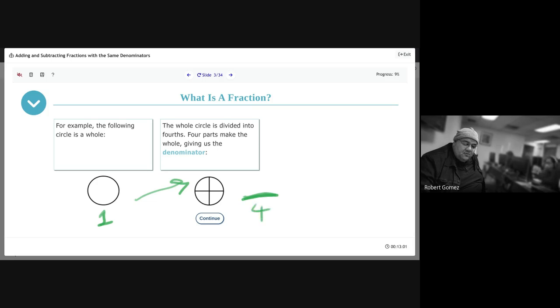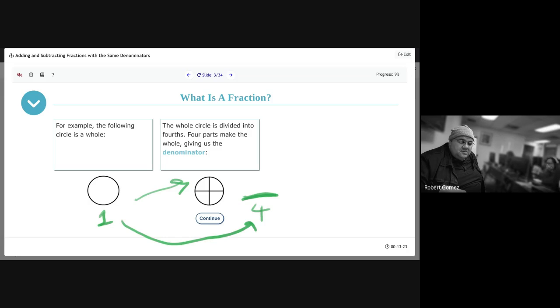And there are 4 possible spaces, but they're all filled right now. I mean, they're all present and accounted for, okay? It's just that now this has become 4 parts. Okay, so that's what's happened here.